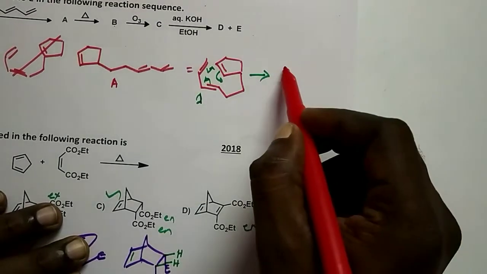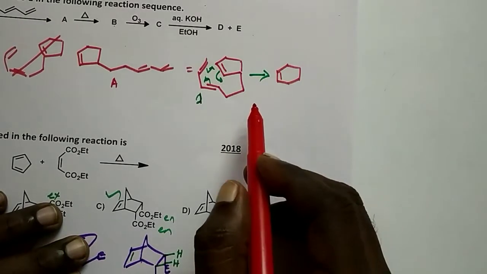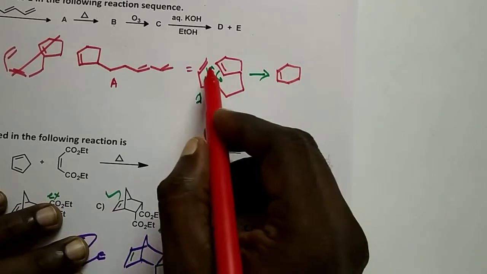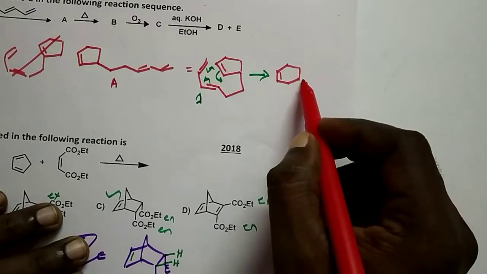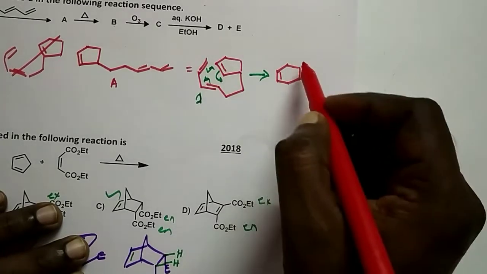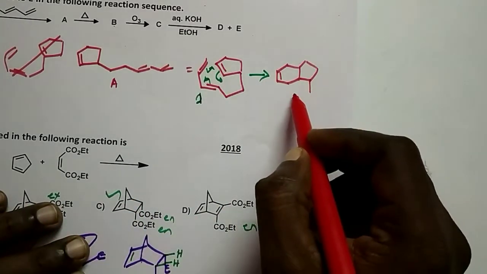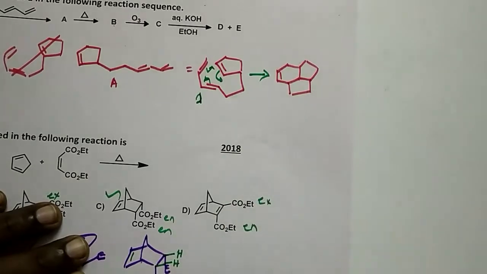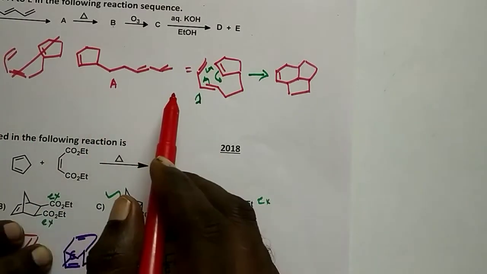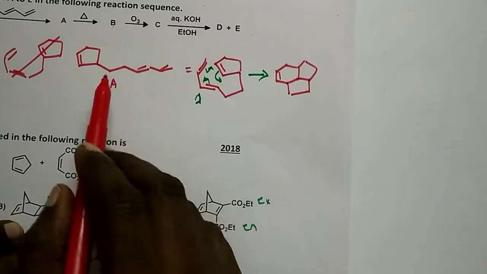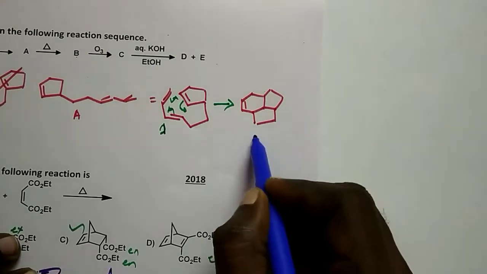So the product is this, the Diels-Alder product. This is a Diels-Alder reaction but intramolecular. Diene and dienophile, both are in one molecule. And the next step is what? This is compound B.